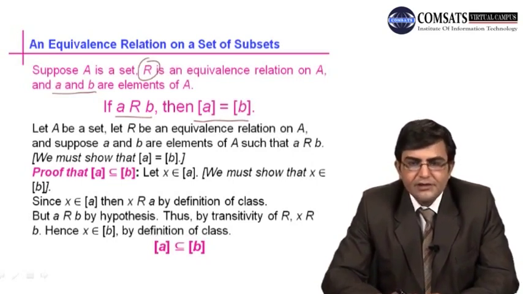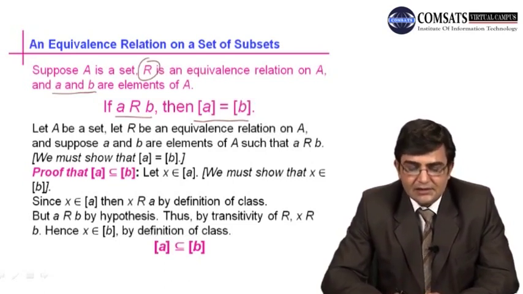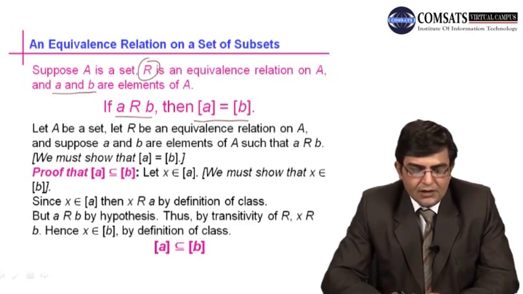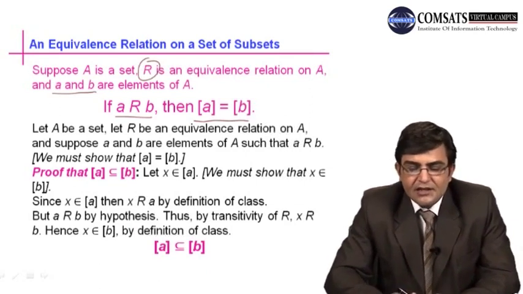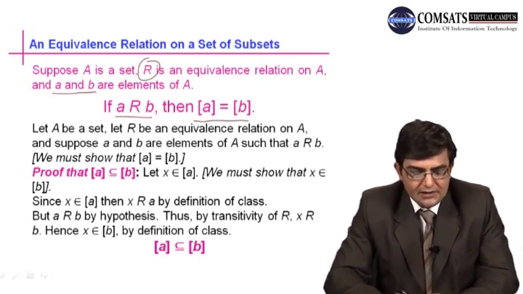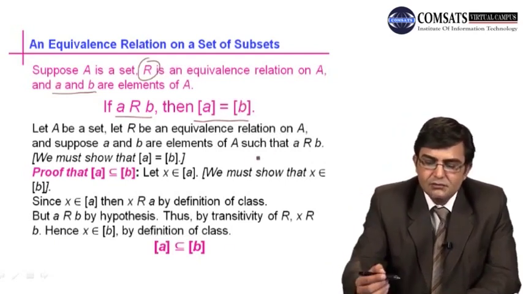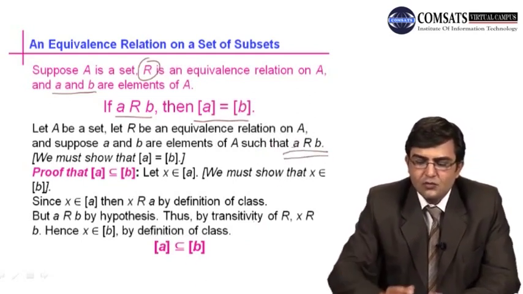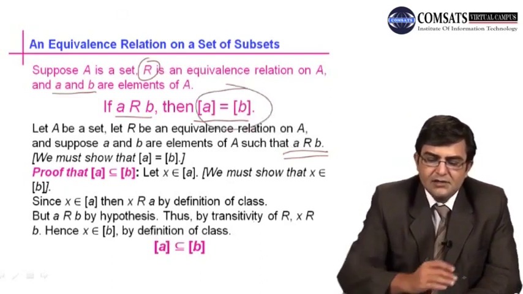So here we shall prove whether two equivalence classes are equal if a is related to b. Let A be a set and R be an equivalence relation on A. R will be reflexive, symmetric and transitive, and suppose a and b are elements of A such that a is related to b. We suppose it, and we are going to prove that the class of a is equal to the class of b.